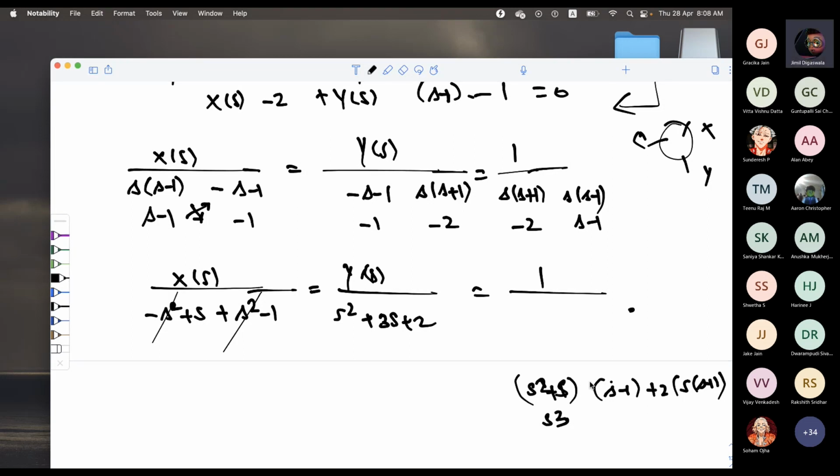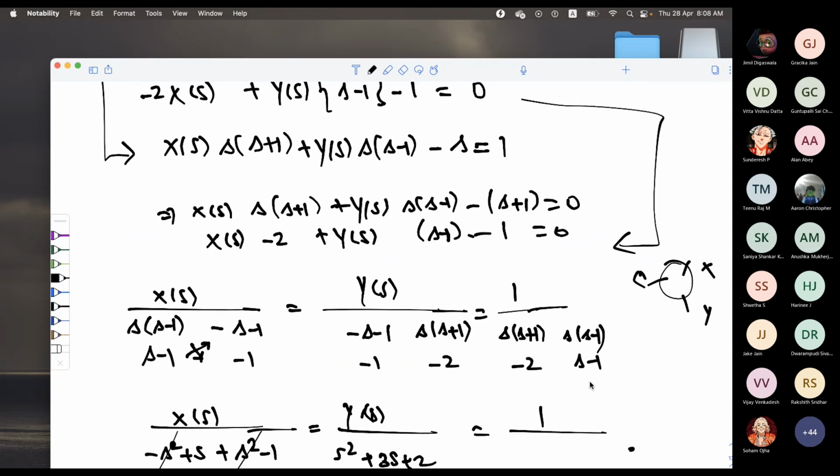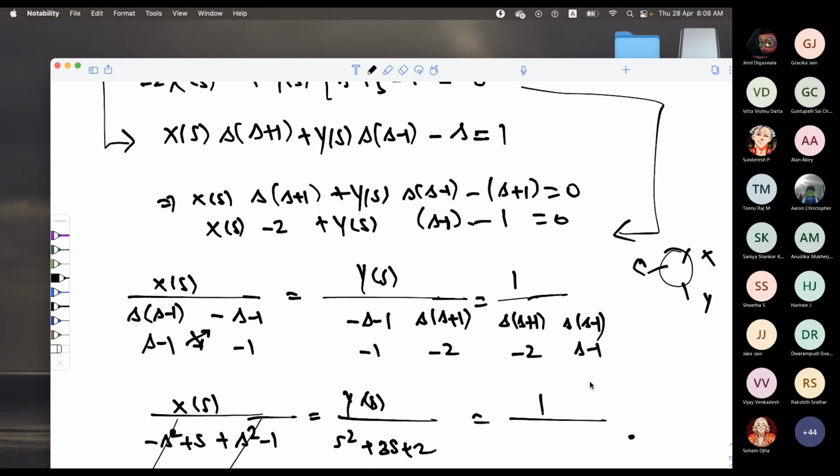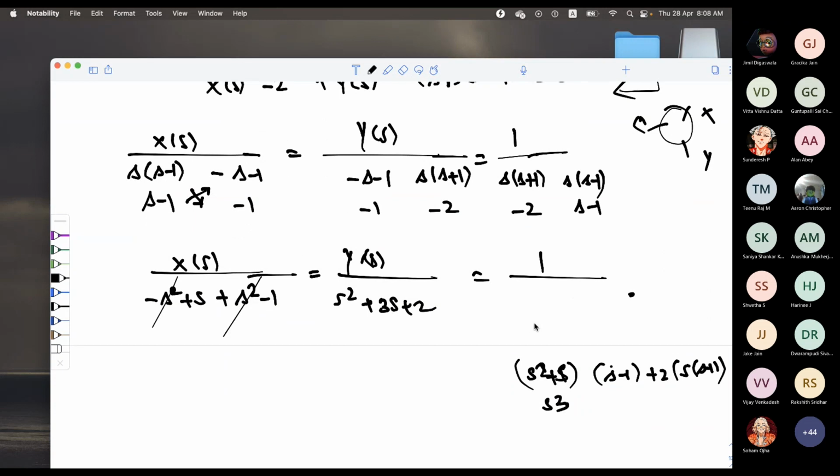Sir, it's correct only. Because if you multiply with s minus 1, it is s cube minus s square, then plus s square minus s, plus 2s square, s square plus s is there, right?